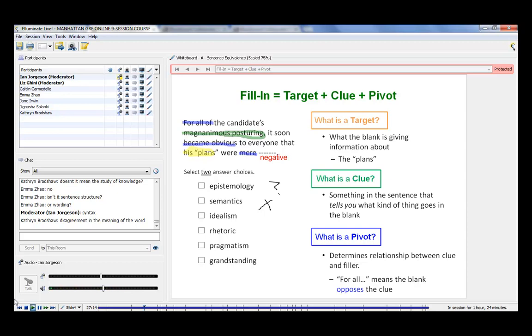How about idealism? Is that a negative word? It fits the blank, sort of. Okay, I'm willing to keep it. Let's keep it. Is that a check or a sort of? What do you guys think?